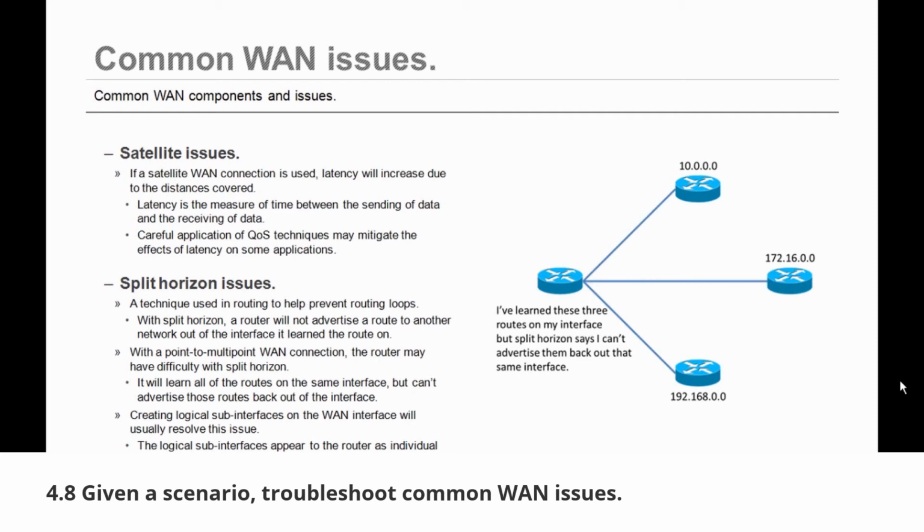It will learn all of the routes available to it on the same interface, but it can't advertise those routes back out of that interface. Creating logical sub-interfaces on the wide area network interface will usually resolve this problem. The logical sub-interfaces appear to the router as individual interfaces, allowing the router to advertise the routes back out of the WAN interface.